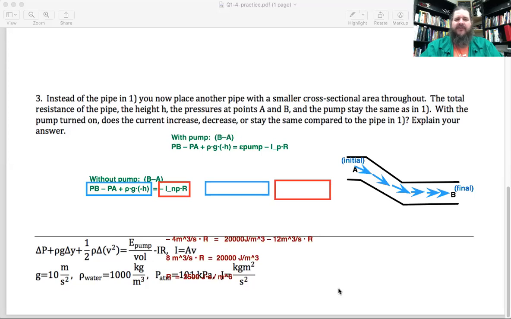It's just a smaller cross-sectional area than it was before. And what would be different there? So what would be different in the equation?